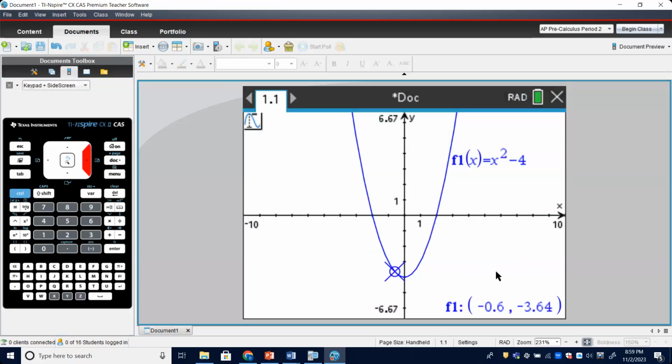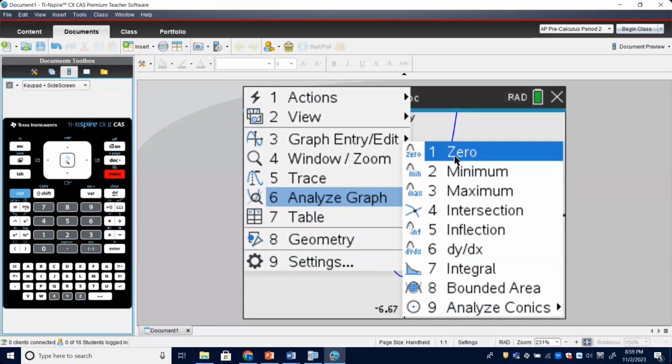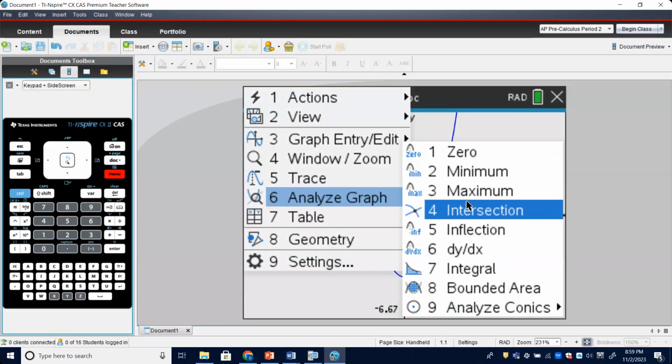Or if I scroll down, it says the y-intercept, which also happens to be the minimum. It would say minimum if it wasn't the y-intercept. So it tells you that. And then if you scroll this way, it says zero. So that's another quick feature if you use the Inspire, that you can find those values really quick without going through the analyze graph and finding them individually.